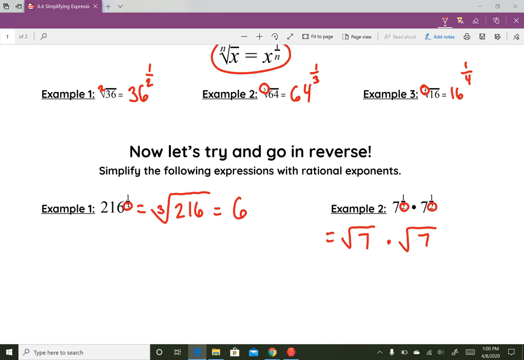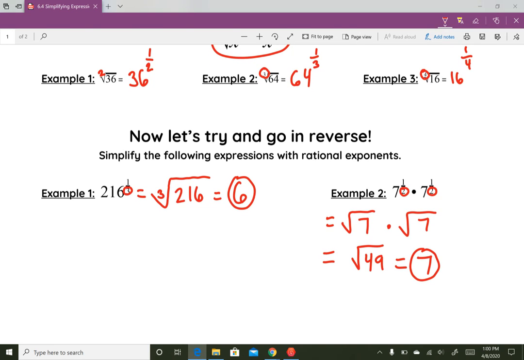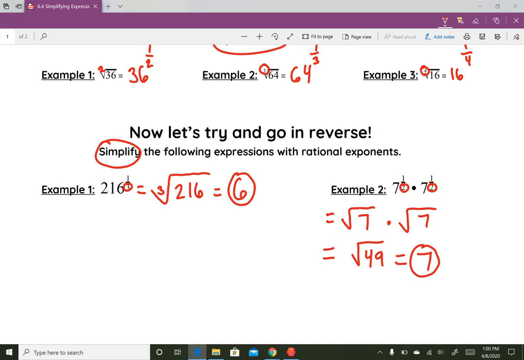You just treat this as if it was 7 times 7, but whatever you get, you put underneath the radical. So this becomes the square root of 49, because 7 times 7 is 49, which just becomes 7. So those are 2 examples of how to go from rational exponent to then simplify. Keyword is simplify here, simplifying it into just a number.